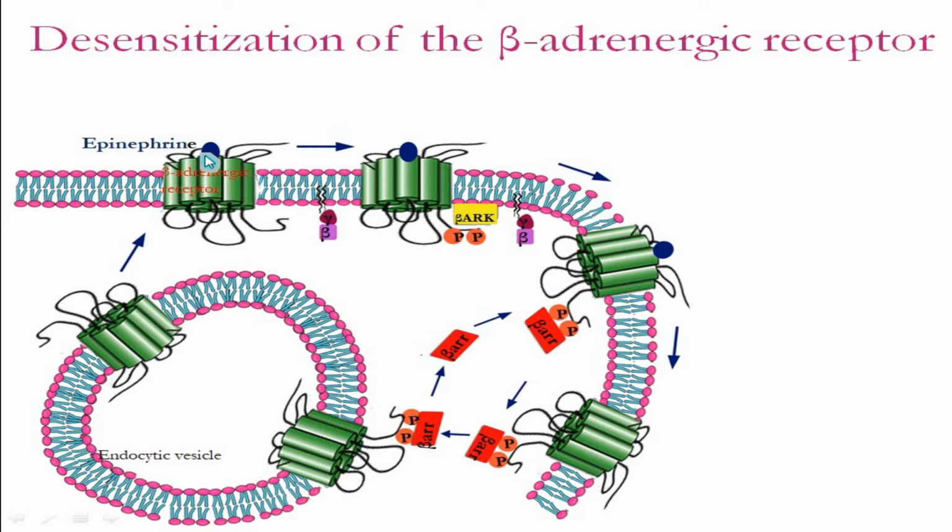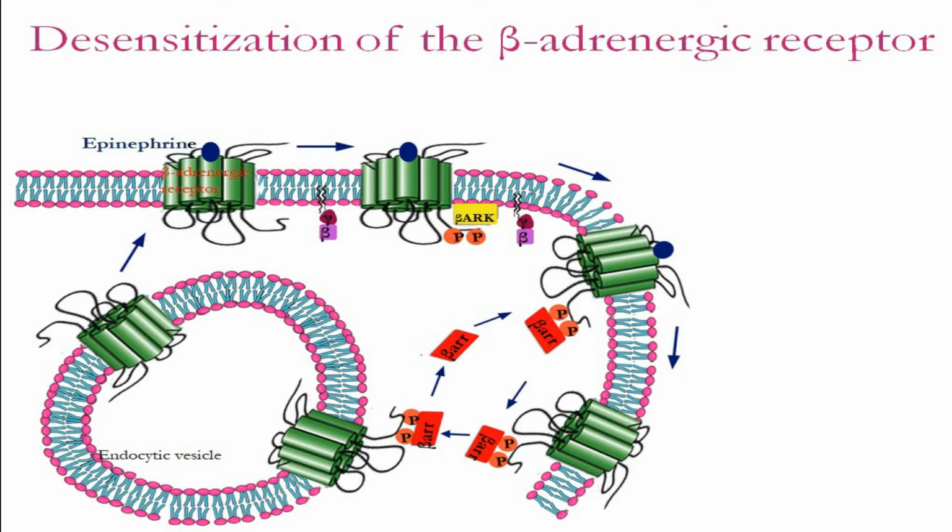In epinephrine signaling, what happens? Epinephrine binds to receptor, receptor binds to G protein, and the alpha subunit of G protein dissociates from gamma and beta, and alpha subunit binds to enzyme, and enzyme produces cyclic AMP. Then glycogen is broken down into glucose.